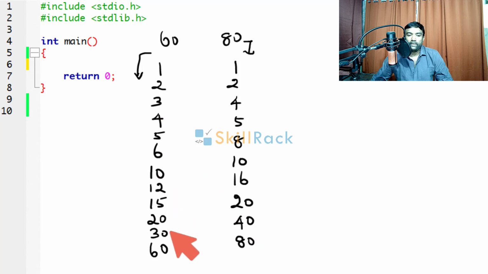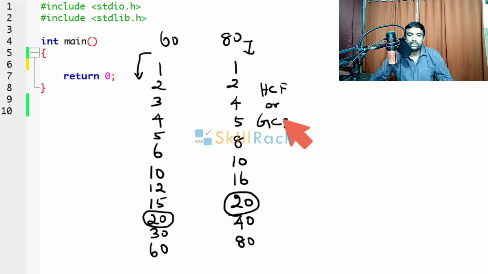So now if we observe the factors, which is the highest common factor, 30 is not here, 40 is not here. So we can see 20 is the highest common factor. So the HCF or GCD for 60 and 80 is 20.